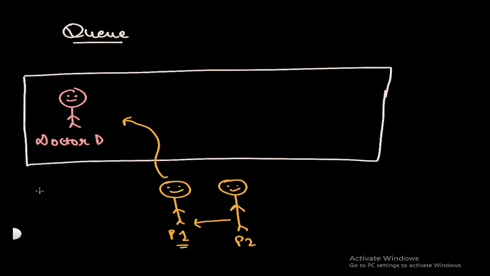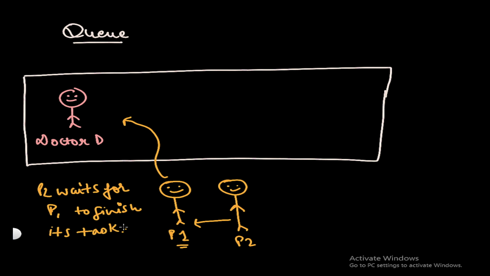Now patient 2 waits for P1 to finish its appointment, or its task. Now another patient comes, P3. It stands in the line to get its checkup done. This is a line.